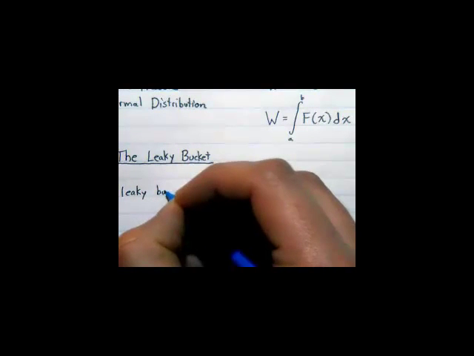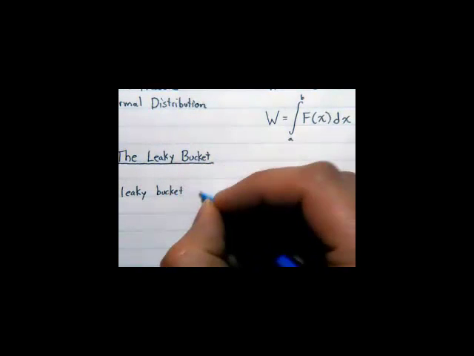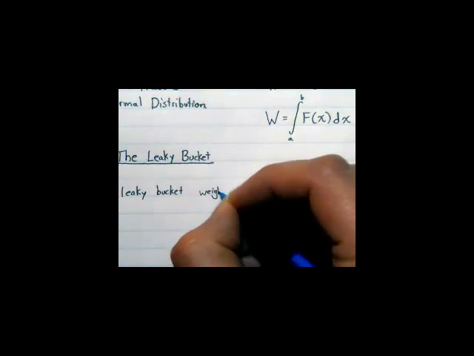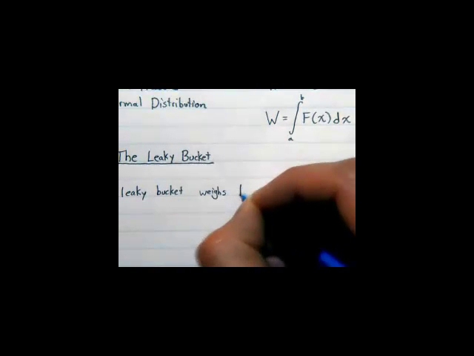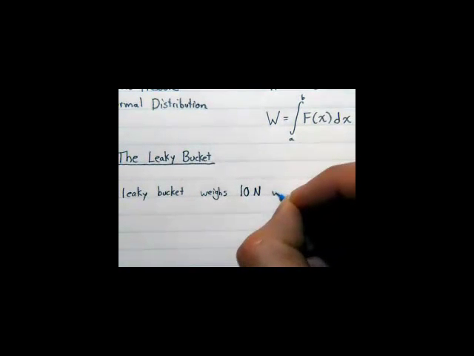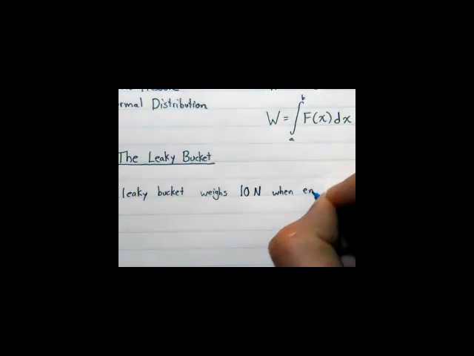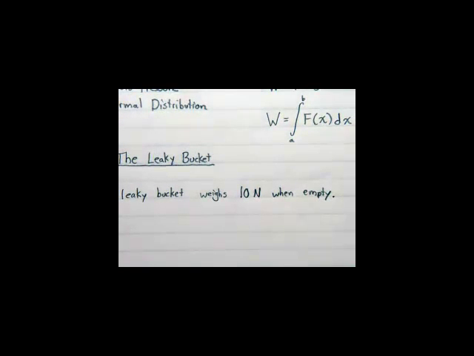So a leaky bucket weighs 10 newtons when empty. Oh, and by the way, we're going to switch back and forth between the metric system and the English system with force as well.